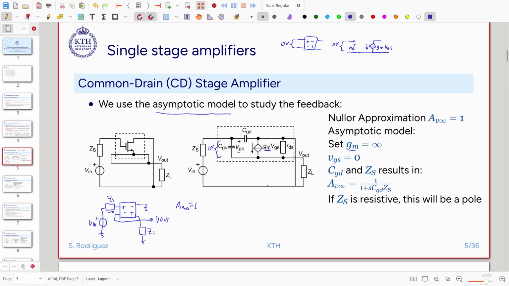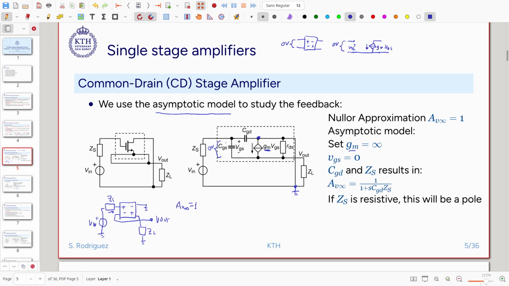So what happened here? Now let's assume for a second, for simplicity, that I will ground this node here, which is the typical case. We'll see that this node that is grounded is also grounding this terminal of the capacitor CGS, and then this impedance here appears in series with CGD.